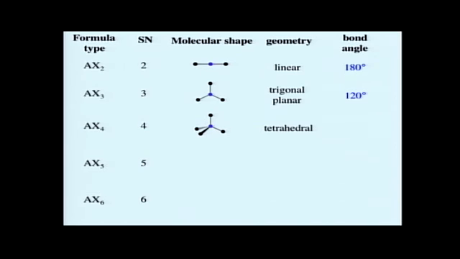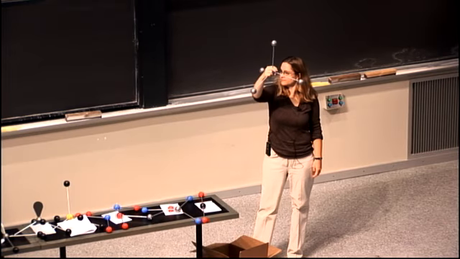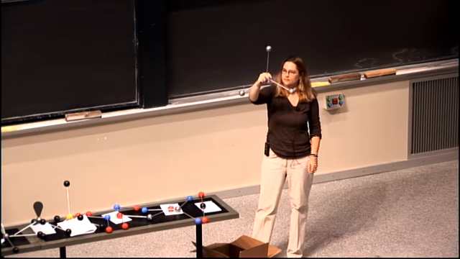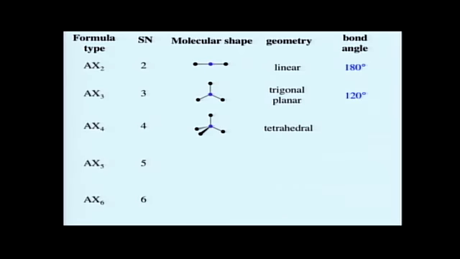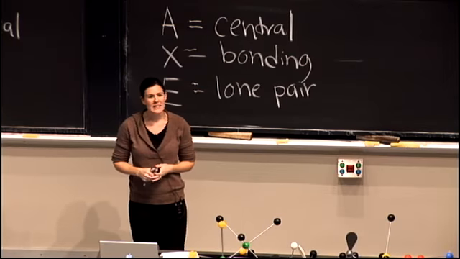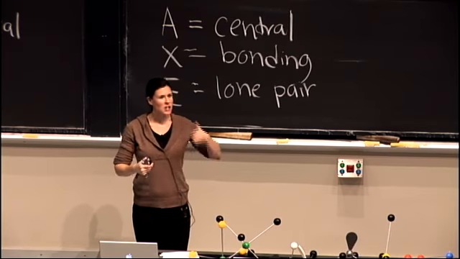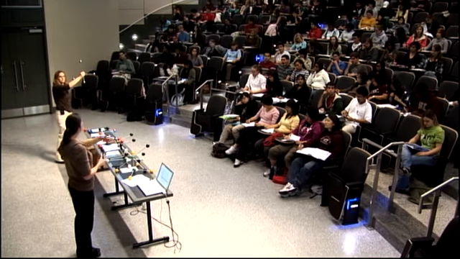So next we can think about AX4. This is what's called a tetrahedral geometry. If you're trying to remember this name, you can think of each of those bonding atoms as being in the corner of a tetrahedron. One thing I want to point out is you're seeing some notation we haven't used before in this class, where you have a wedge coming out at you, and you also have a dashed line to one of those bonds. Anytime you see a wedge in a Lewis structure, it means that it's coming out of the screen or out of your paper.